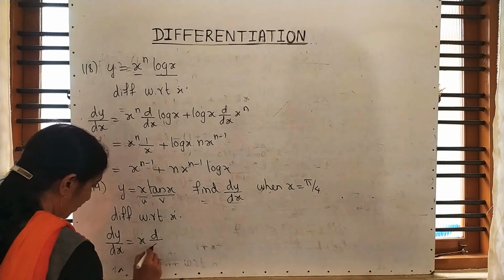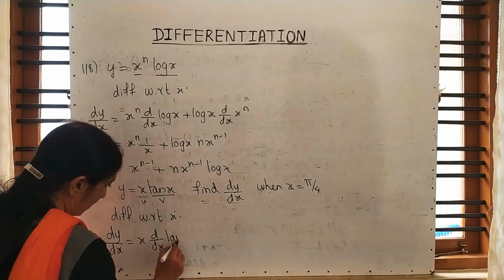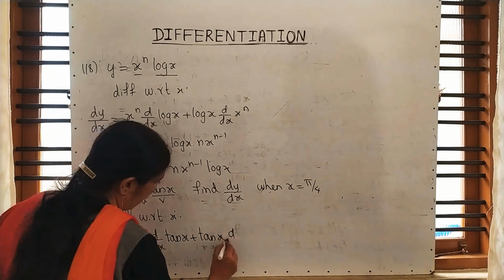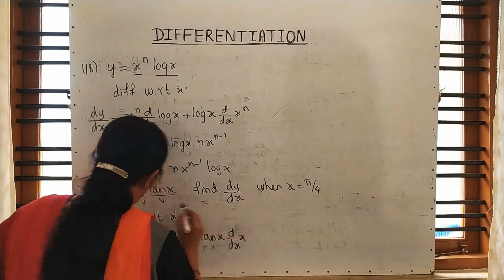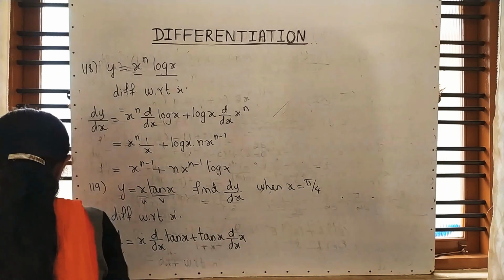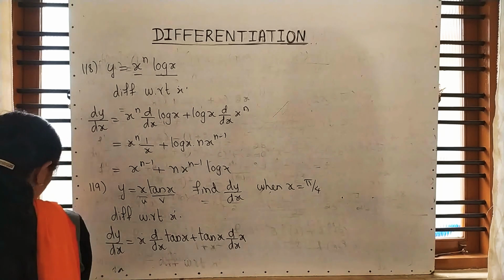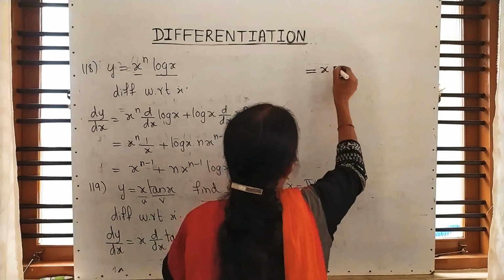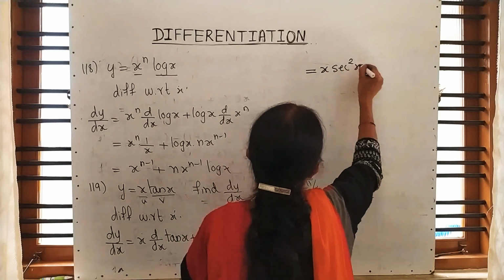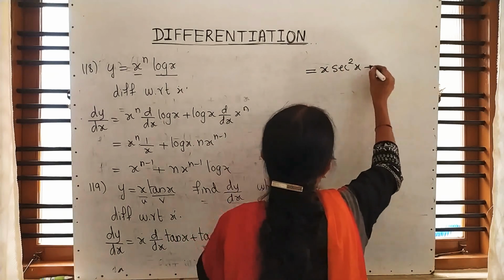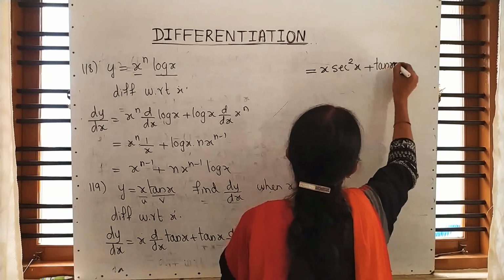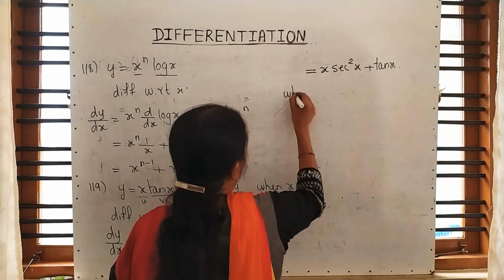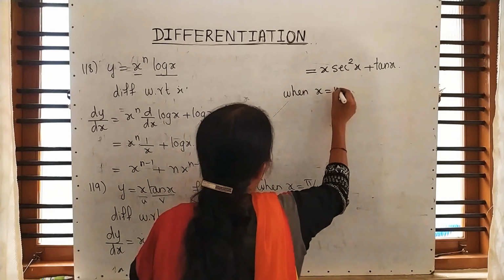X into differentiation of tan x plus tan x into differentiation of x. X as it is, differentiation of tan x is secant square x, plus tan x as it is, differentiation of x will be 1.